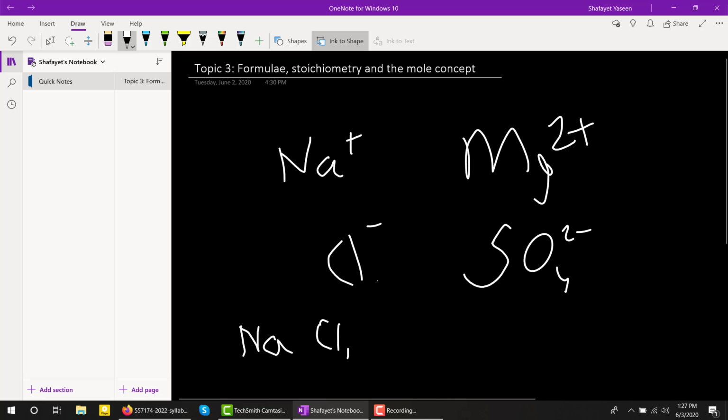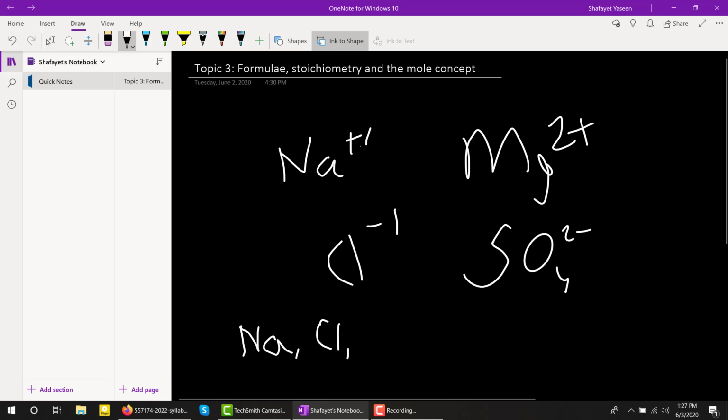So in chlorine we have -1, so you just cross multiply this 1 here and bring it down here, right? We don't include the signs here, we just take the magnitude, the amount of charge.